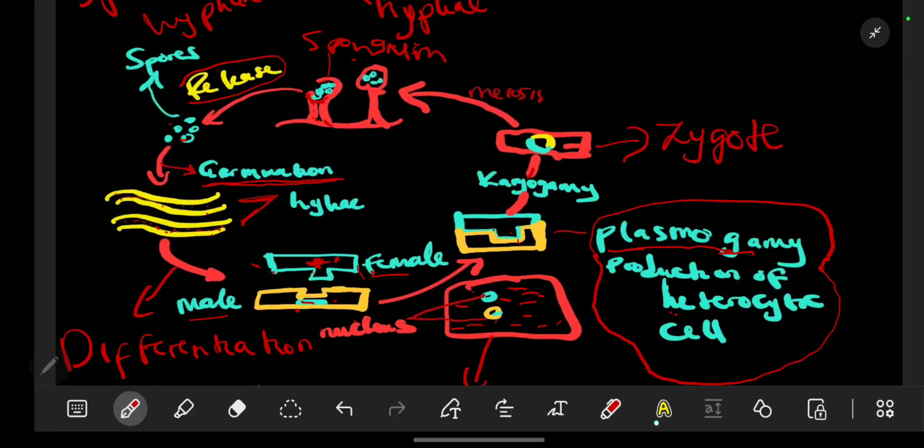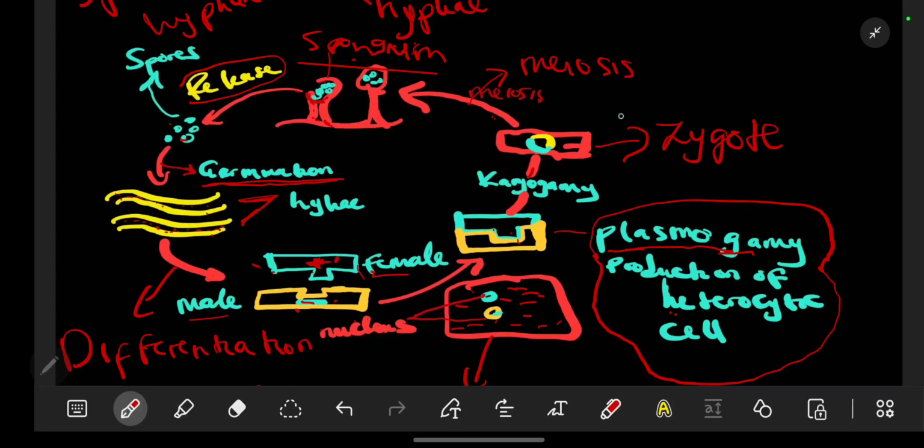Then the zygote will be able to undergo the process of meiosis. Meiosis is where the number of chromosomes is reduced to half. So after meiosis, there will be the formation of sporangium again, and the cycle continues.